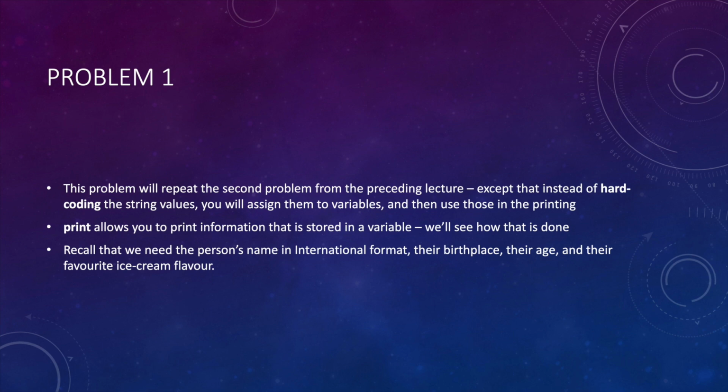Now, there will still be some hard-coded parts, and you'll see what I mean when we get to the example. Print allows you to print information that is stored in a variable, and we will see how that's done in this process. And recall again, name in international format, their birthplace, their age, and their favorite ice cream flavor. Let's see how we do that.